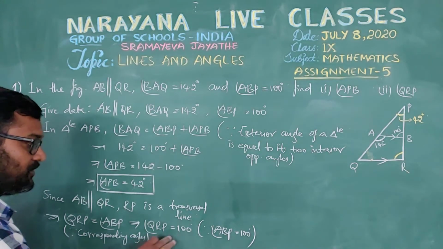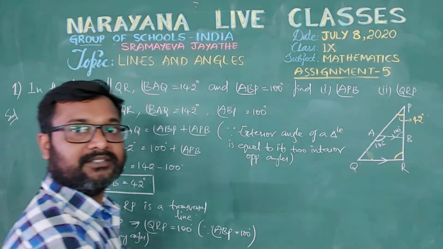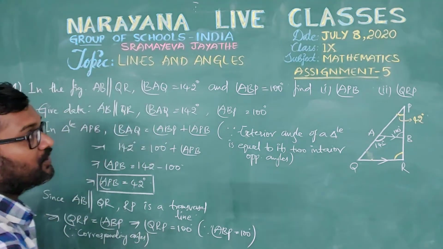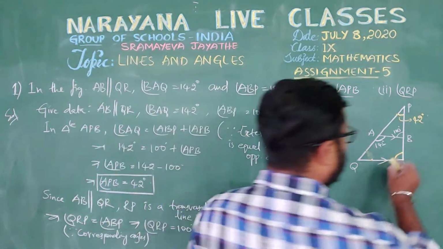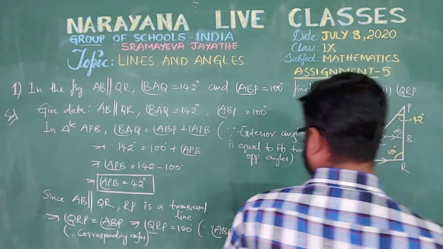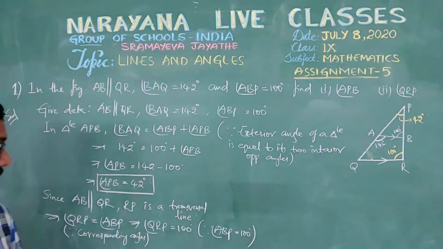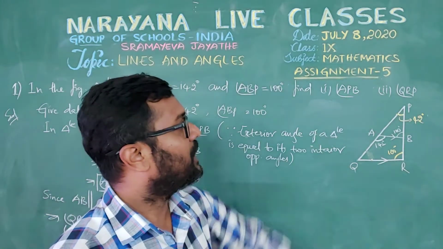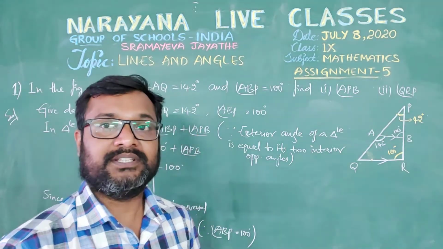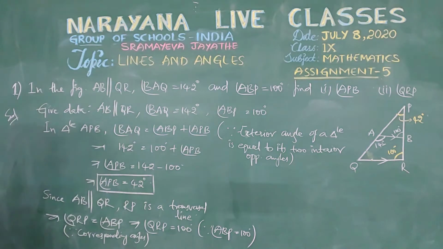So now angle QRP is equal to 100 degrees. Therefore we found this angle QRP is 100 degrees. Like this we can find the angles APB and QRP in this question.